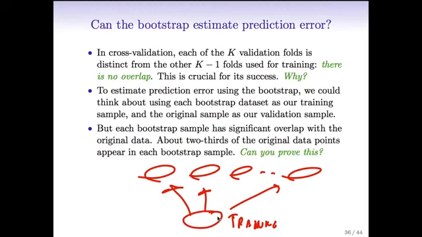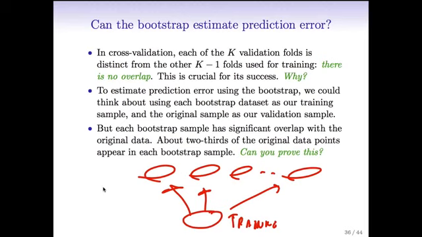Well, there's a big problem with that. And the problem is there's an overlap between the Bootstrap data sets and the original data set. In particular, about 2/3 of the original data points appear in each Bootstrap sample. And you should think about how to prove this. It's not hard, but you'll find out that about 2/3 of the training set points are in the Bootstrap sample.